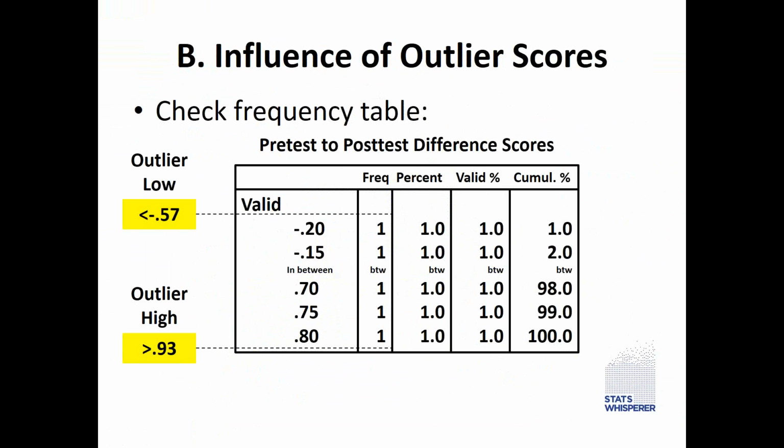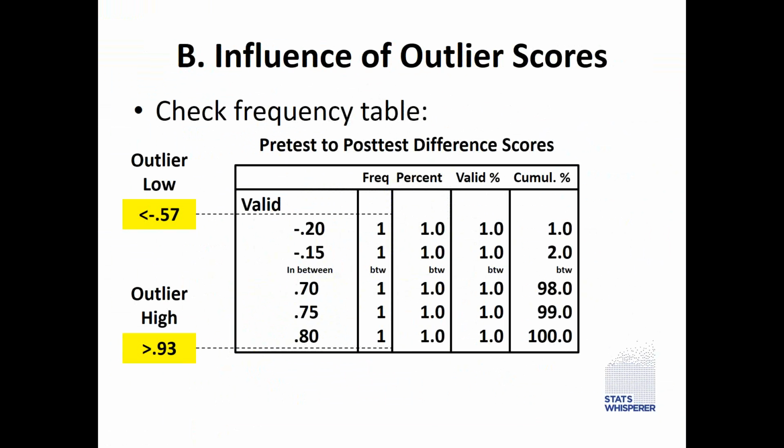The way we would check that is to go to the frequency table produced in SPSS when we ran those frequencies, and it lists the actual scores. We look at the list of scores, and we see the lowest score is negative 0.20.